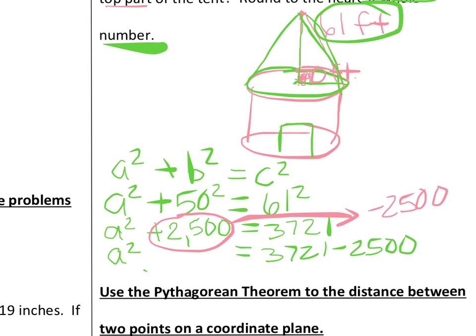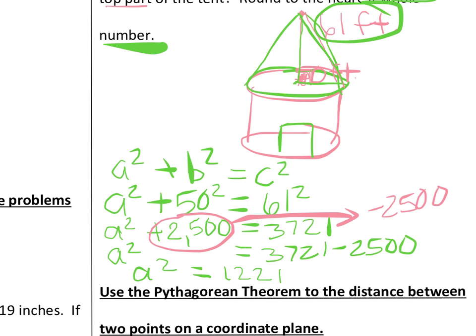So a squared is equal to 1,221. So that's what the square on that side would equal, but I want to know what the side is.